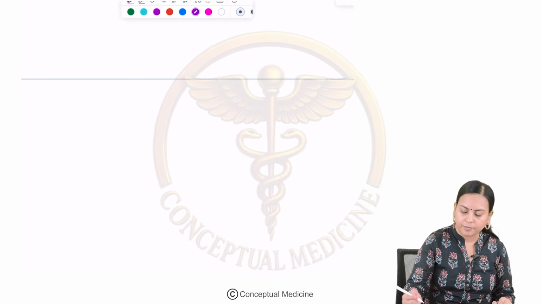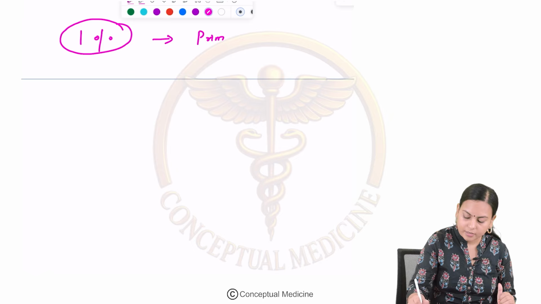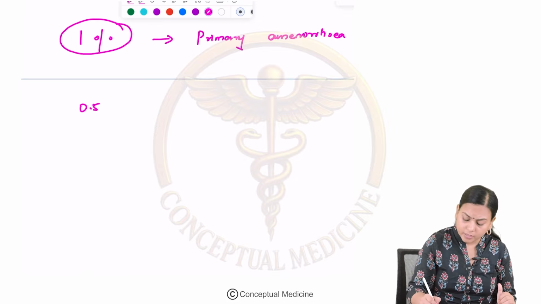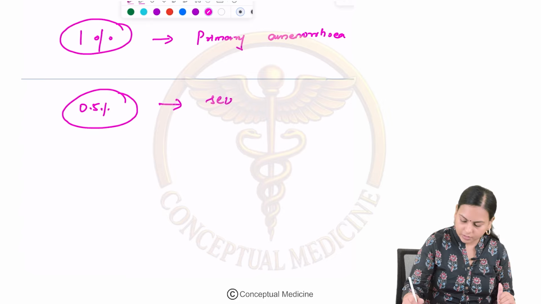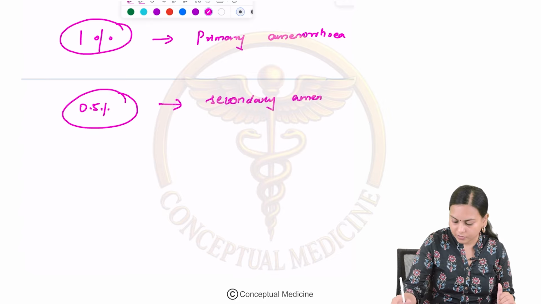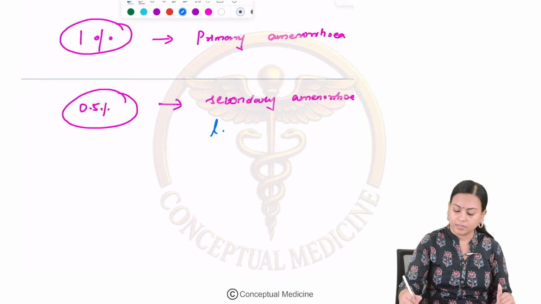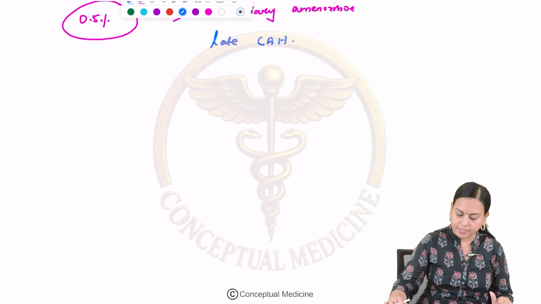And also remember, it contributes 1% of cases of primary amenorrhea and 0.5% of cases of secondary amenorrhea as well, especially when they have a late onset of congenital adrenal hyperplasia.